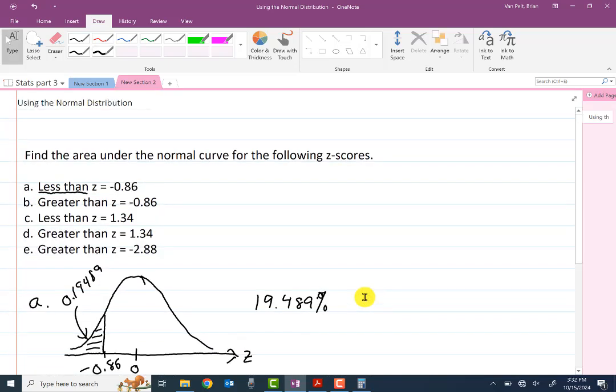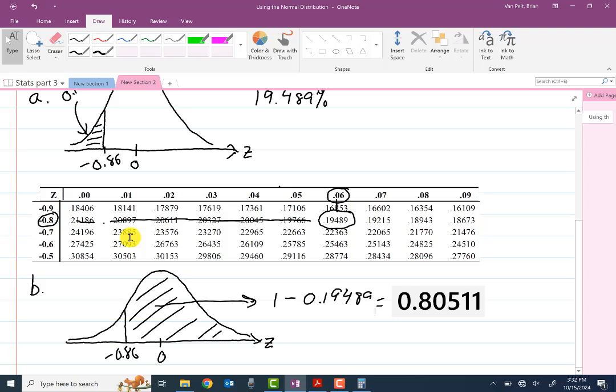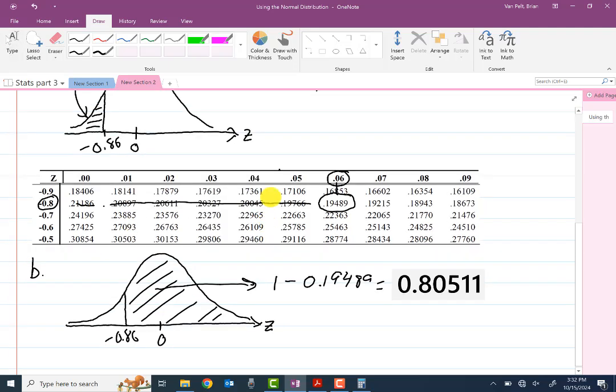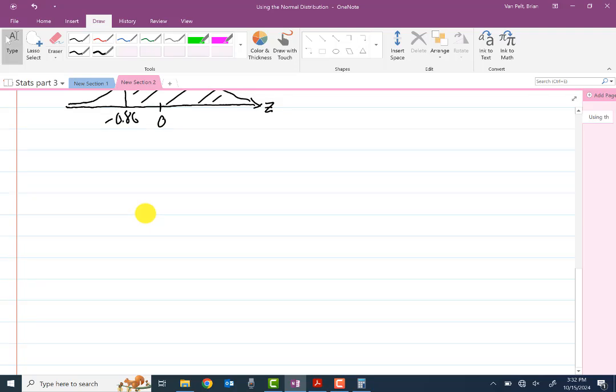If I scroll up, they give you a lot of the same ones here. I'm going to have the same style of problems, C and D, but less than and greater than 1.34. They probably chose those because they're on the other side of 0. So 1.34, I'll have to keep track of that. So they want Z to be less than 1.34.